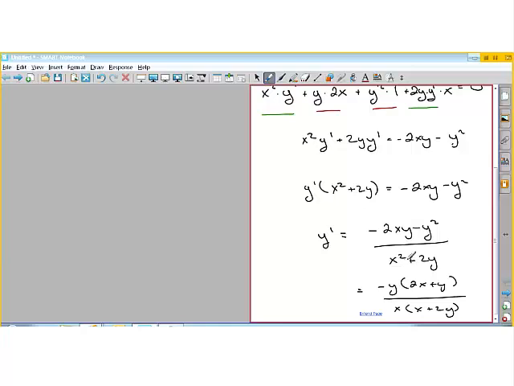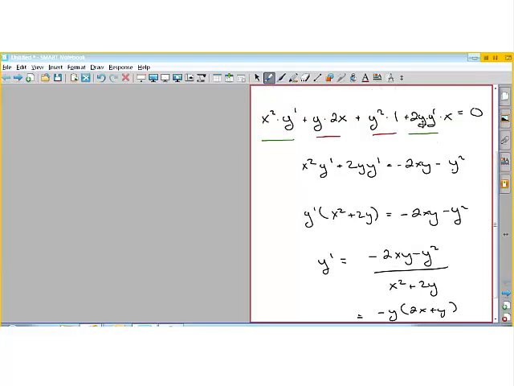I'm just looking here. Did I mess something up here? Y prime x squared 2x. I think I forgot something. Oh, I left something off here. So from right here, there should have been another x. So let's fix that.